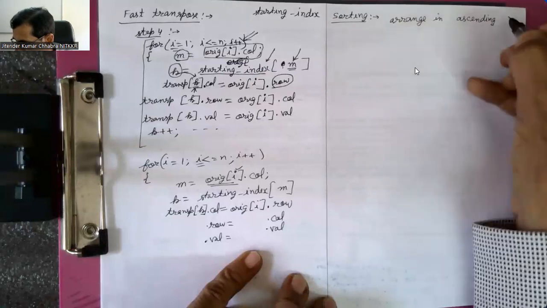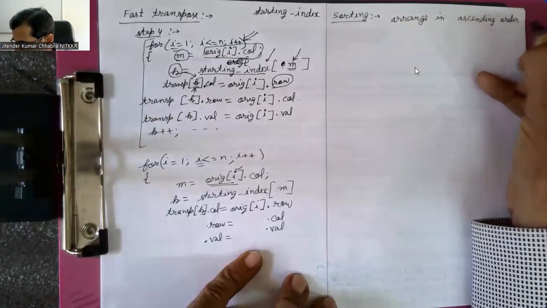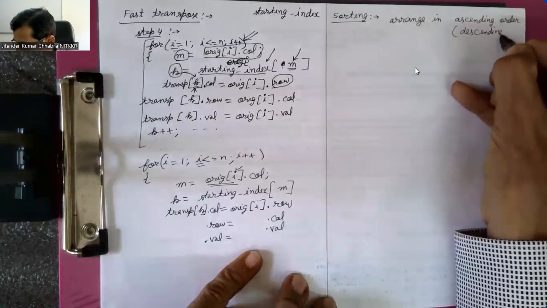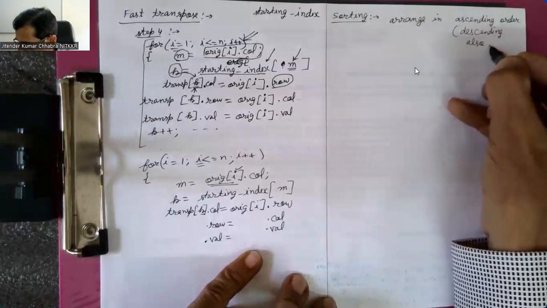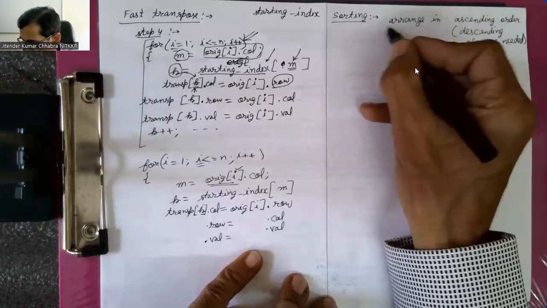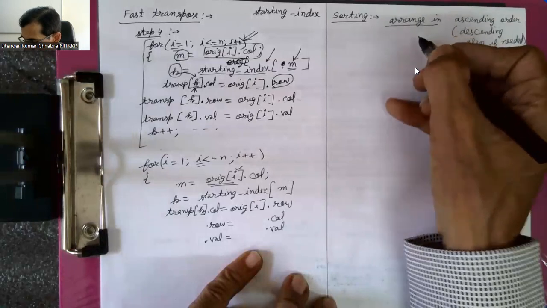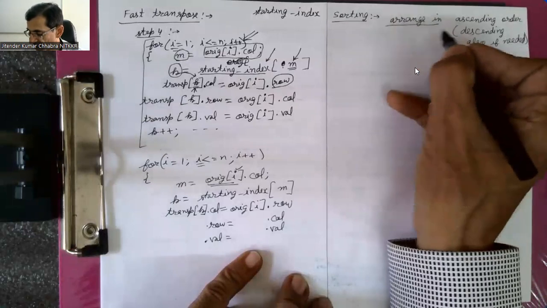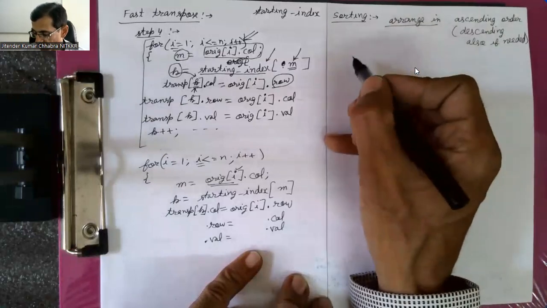Of course, it can be adjusted to do it in descending also if needed. So sorting is arranging any elements, or arranging the array or any other list of values, in ascending order of their values.